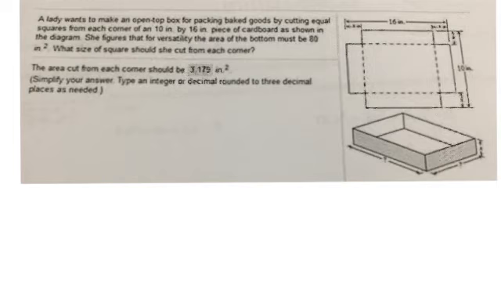So let's start by thinking about what is the area of the entire cardboard before anything is cut. 160. Yes. So the area before we cut anything out can be found by 16 inches times 10 inches, which would be 160 square inches.